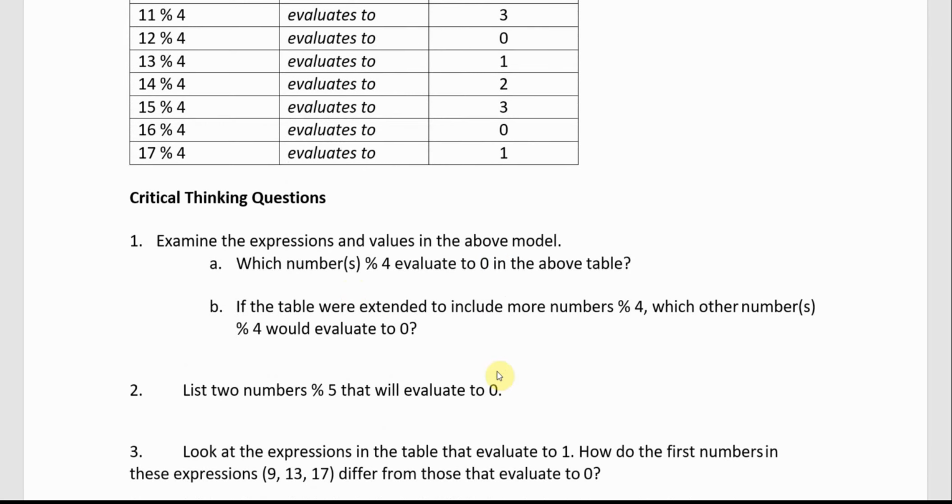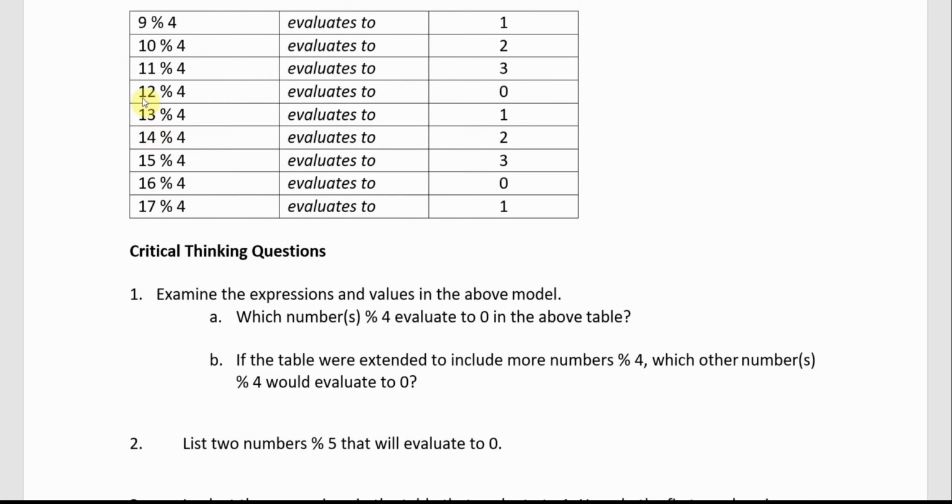So as we look at these questions, the numbers that evaluate to 0 when you do percent 4 are numbers that divide evenly by 4: 12 and 16. 12 divided by 4 is exactly 3, and 16 divided by 4 is exactly 4.